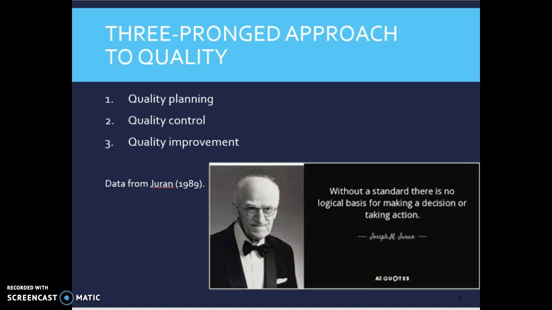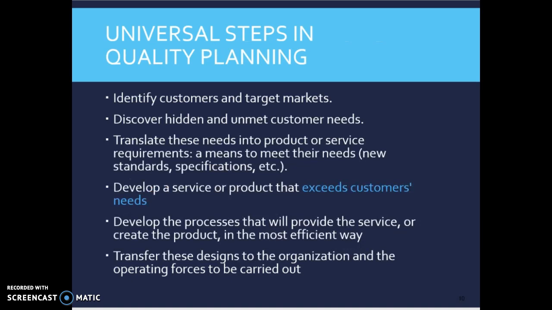And then the idea of quality improvement, that we're going to talk more in detail about as we go along. These are just some of the quality planning steps that Juran espoused.